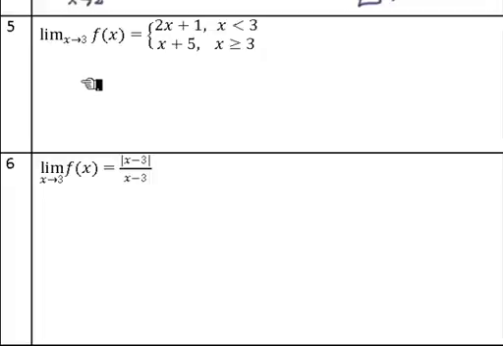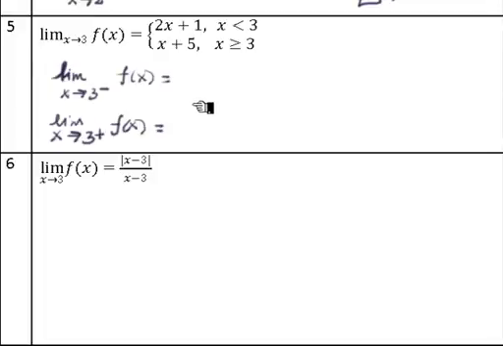Okay, here's another piecewise defined function, defined differently to the left of 3 and to the right of 3. We're taking the limit as x goes to 3. Here we have the limit on the left. Use the top line, substitute in 3, 6 plus 1.